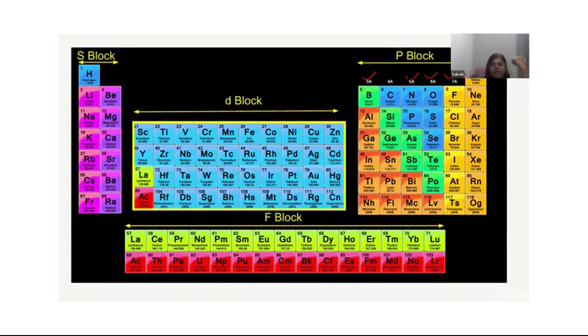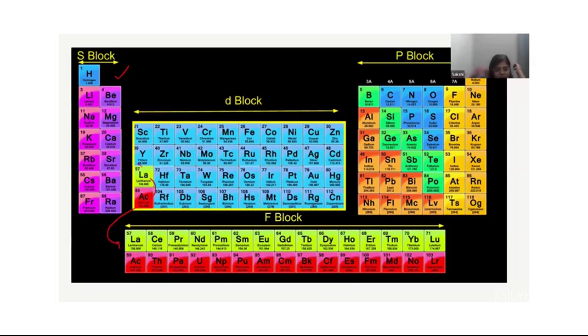We are studying chemistry. Now this entire periodic table, if you would see, is divided into 4 blocks. The first 2 groups come into the S block. After that, the next 10 groups come into the D block, and the next 6 come into the P block. After that, we even have the F block, which starts actually after lanthanum.